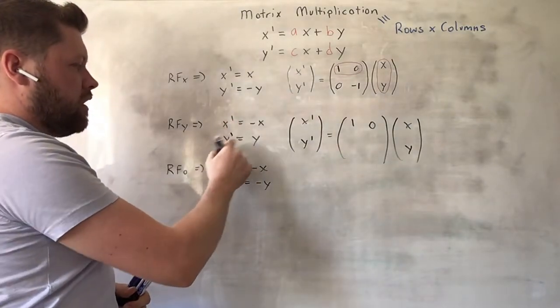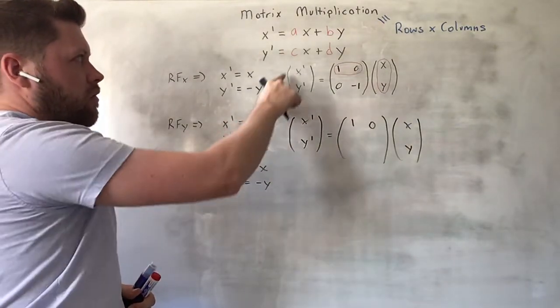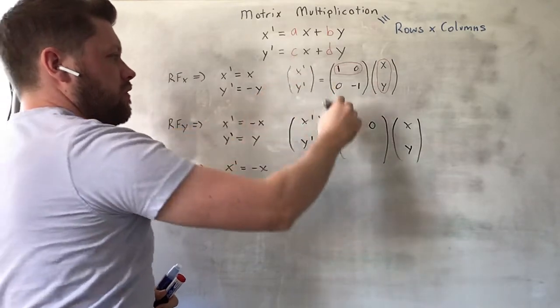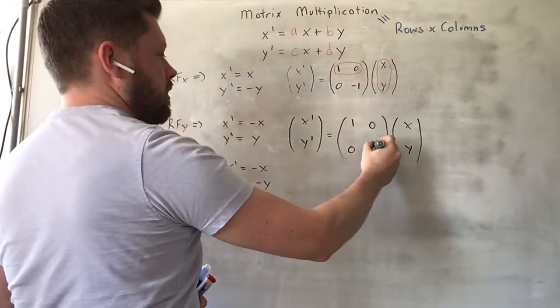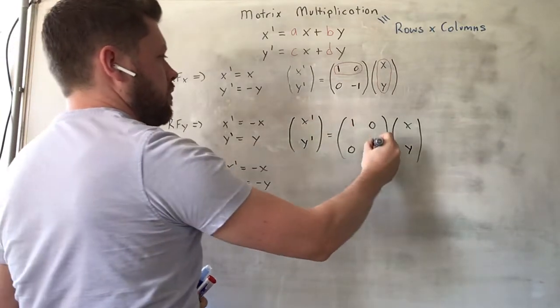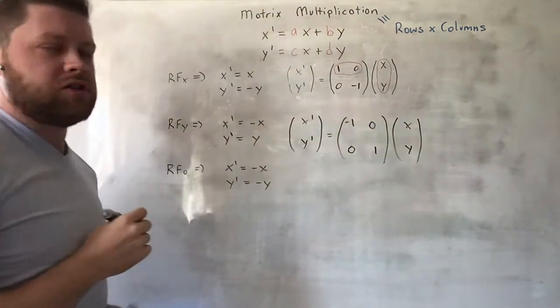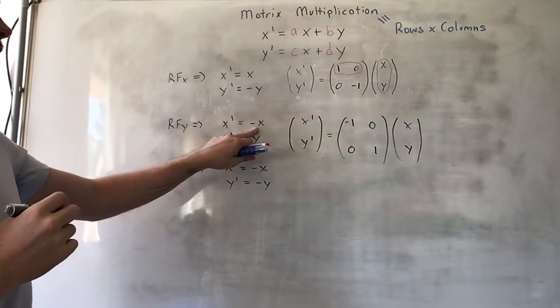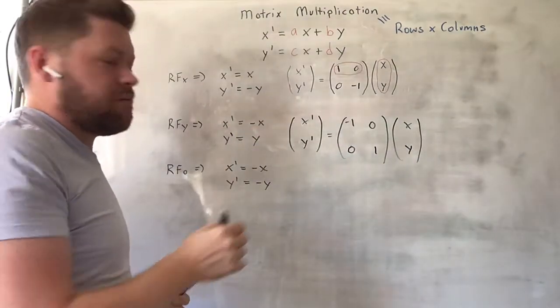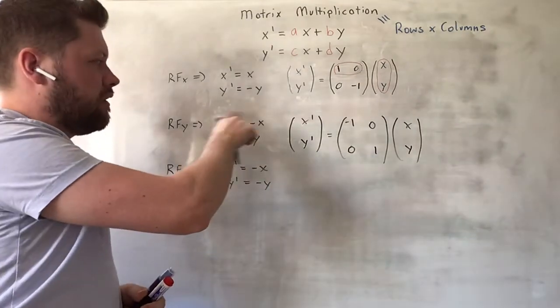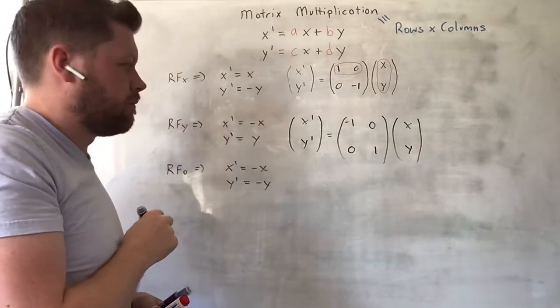Y dash equals y, so there's no x component, so that's 0. And this should be y is 1. That should be minus 1, I'm sorry. That should be minus 1. You need to get back minus x. Okay, that's the matrix equation representing this same linear system.